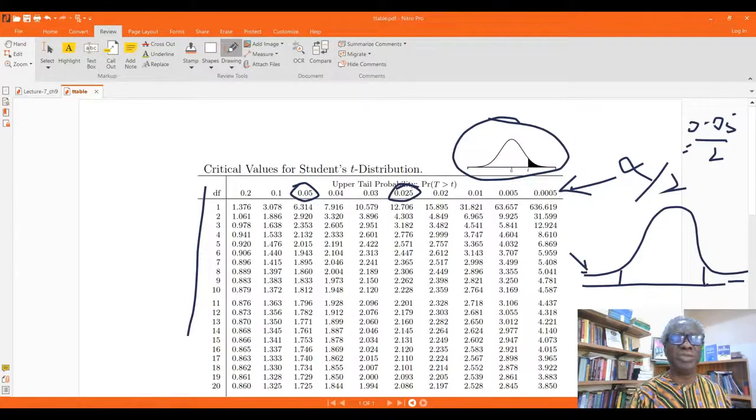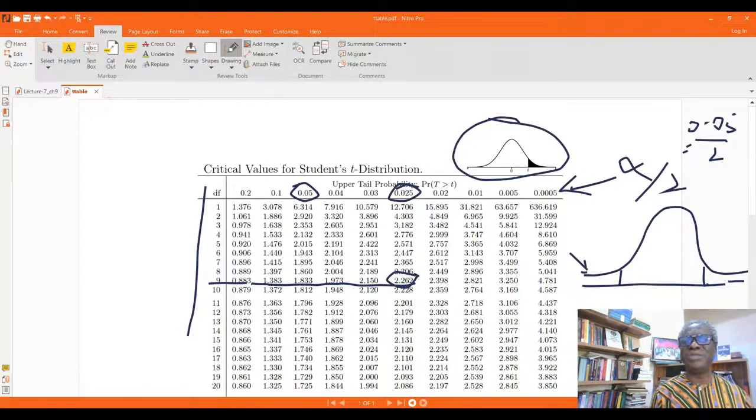We now need to look at our degree of freedom. This time, the degree of freedom is 10 minus 1, which is 9. So we have to trace that value to this place. So the value we choose now is 2.262, and that is the critical value.